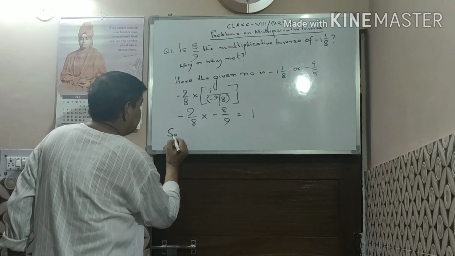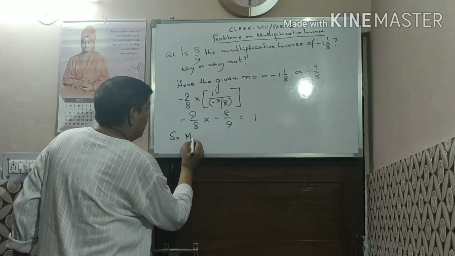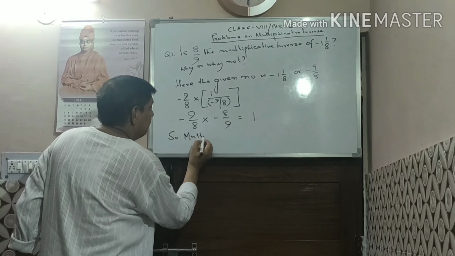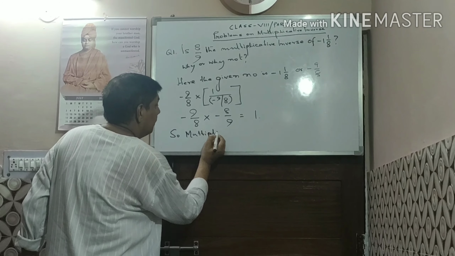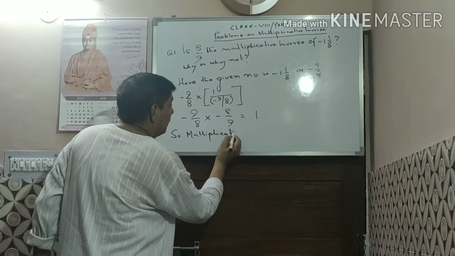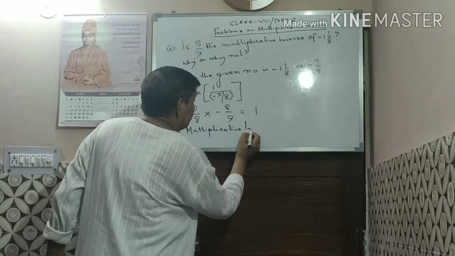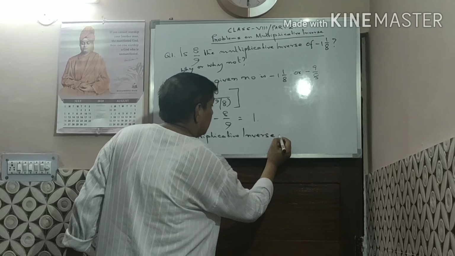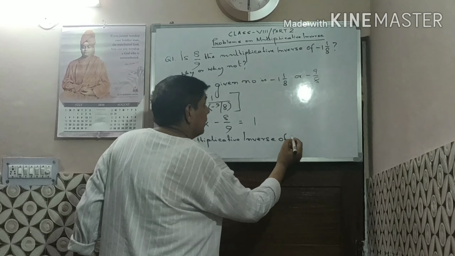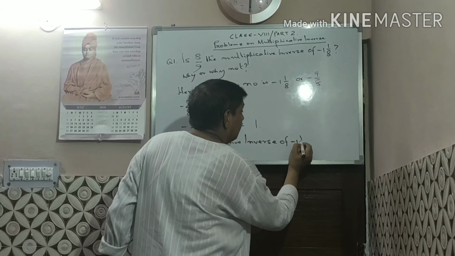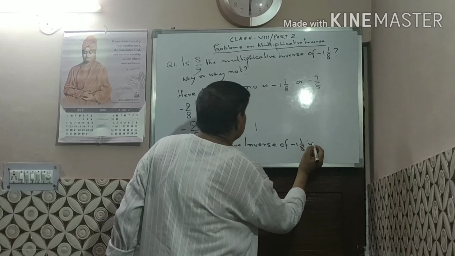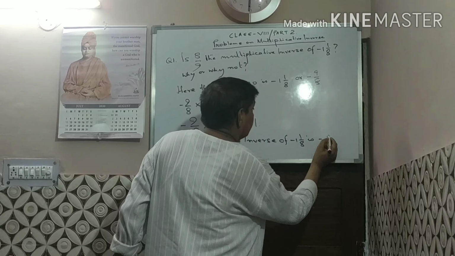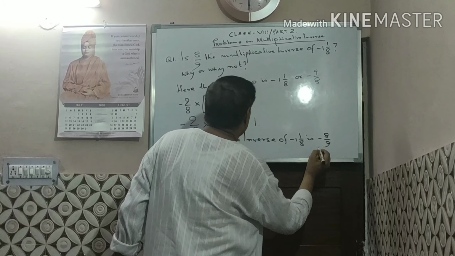So the multiplicative inverse of the given number minus 9 by 8 is minus 8 by 9.